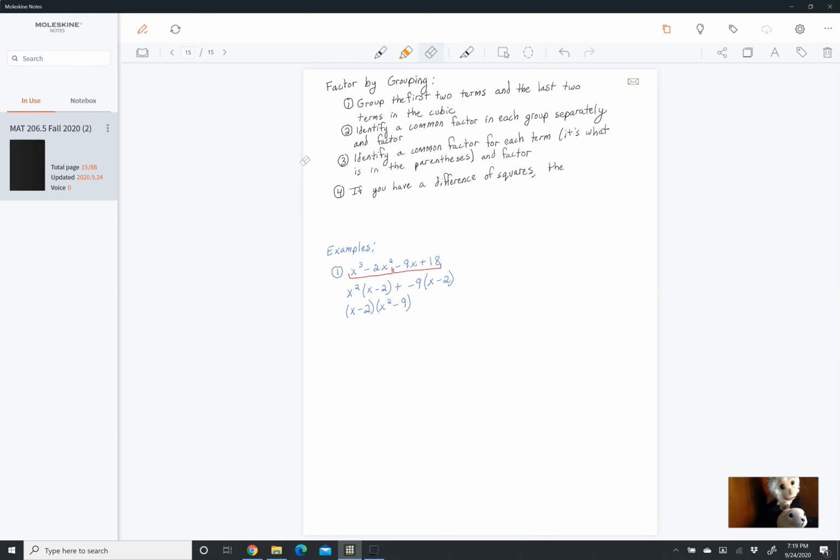So if we look down here, x minus 2 is linear, so that's not going to be a difference of squares. But x squared minus 9 is a difference of squares. So x squared minus 9 factors to x plus 3 times x minus 3. So this is where that difference of squares can come in really handy.